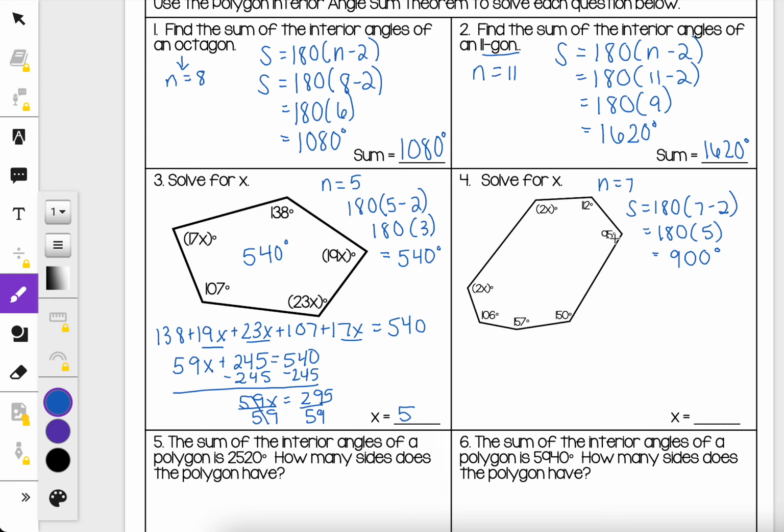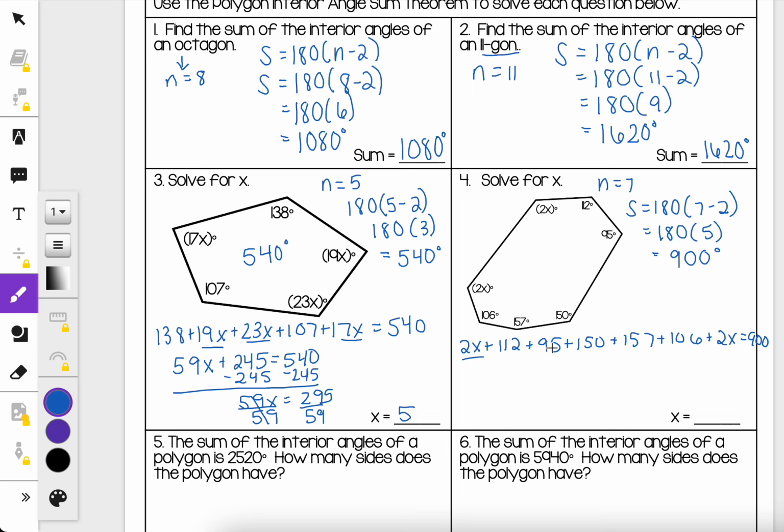So now I can take each one of these angle measures and add them up, set them equal to 900. So 2x plus 112 plus 95. And I'm just going to keep going with each one of those angles equals 900.